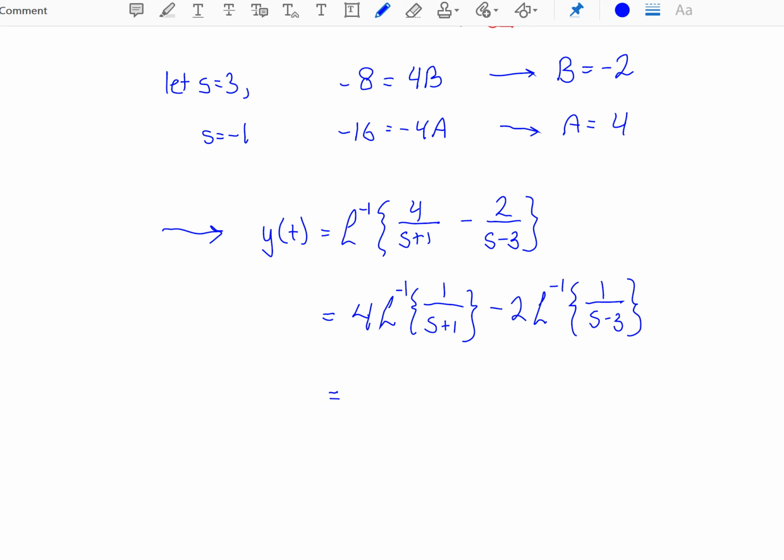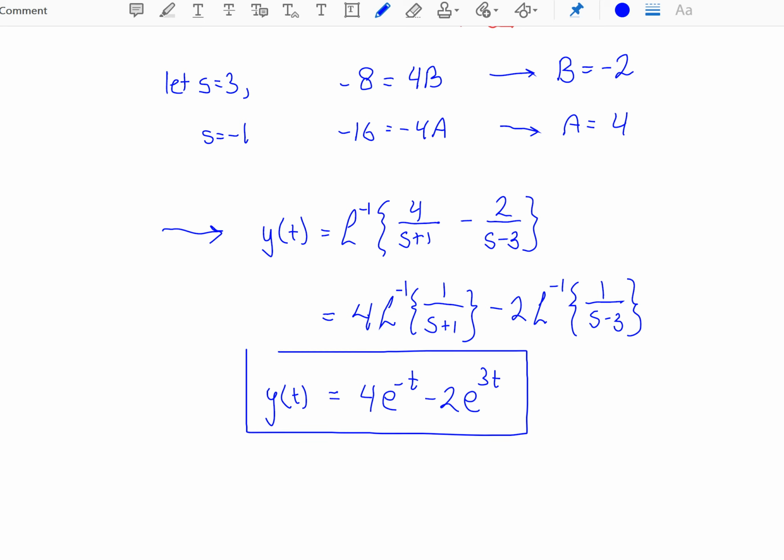Now, recall from chapter 8.1, or our table of Laplace transforms, what the inverse Laplace of 1 over s plus 1 is. So here you want to remember that this is e to the negative t, and the inverse Laplace of 1 over s minus 3 is e to the 3t. This is the solution to our differential equation in the t domain obtained using the Laplace transforms.